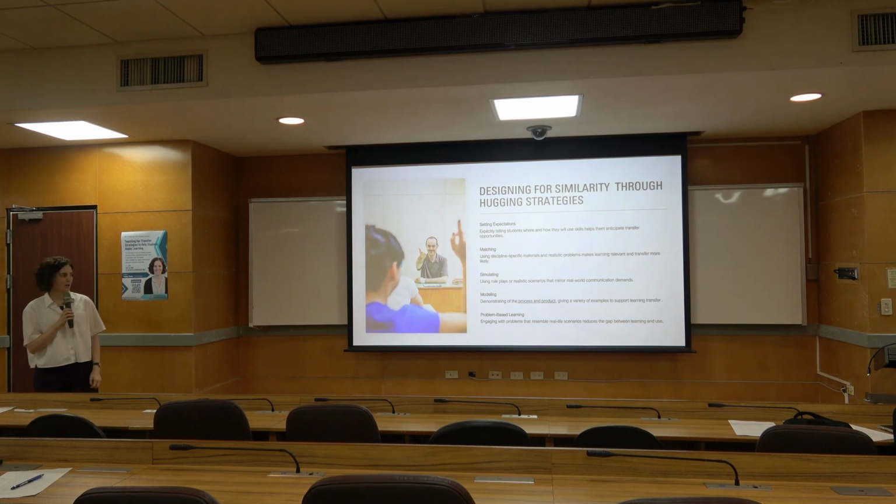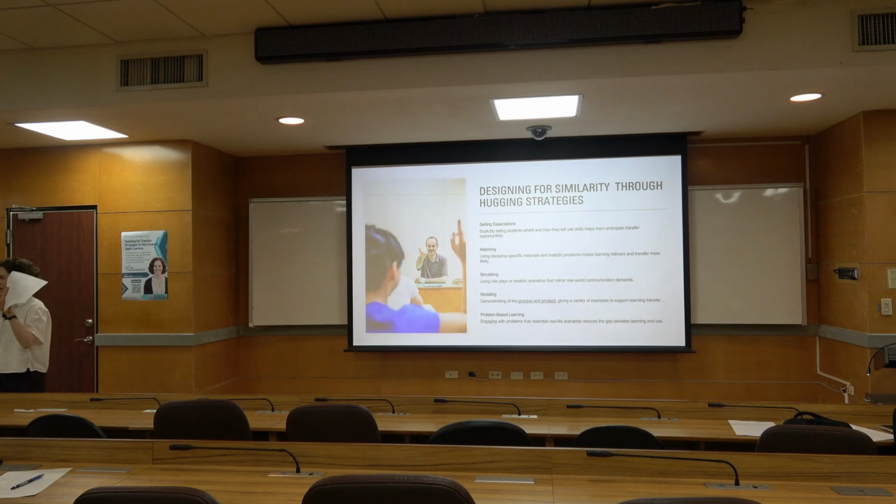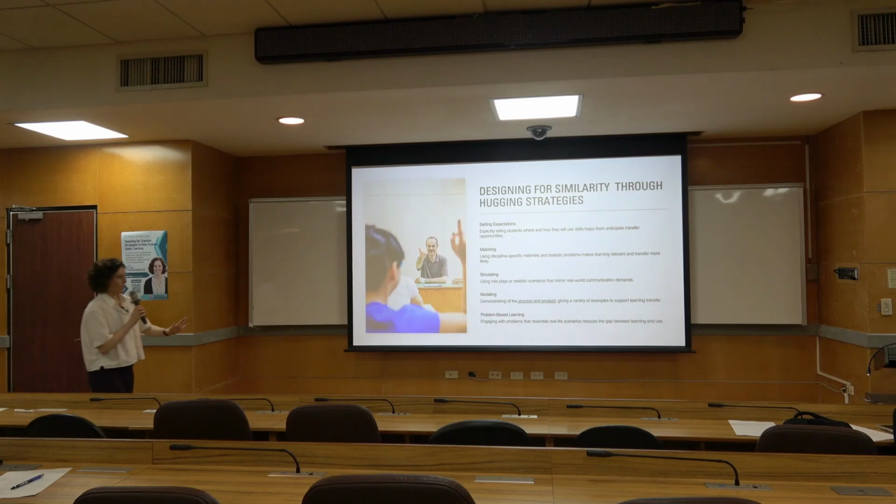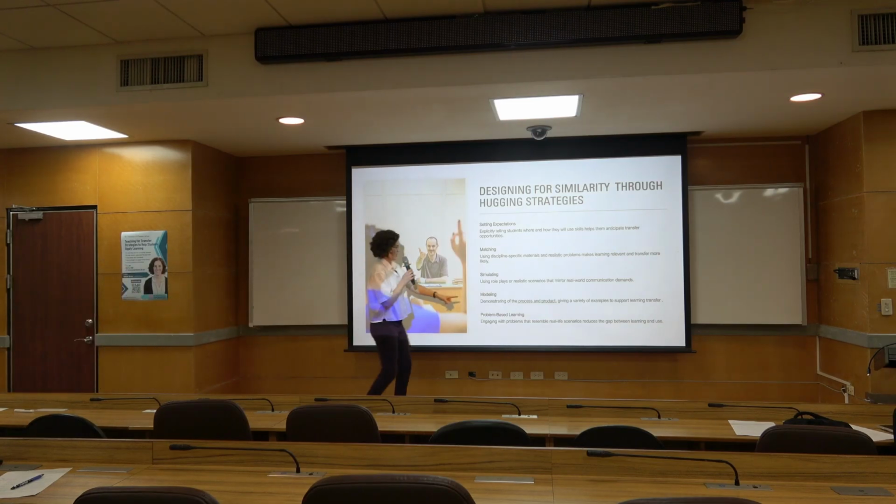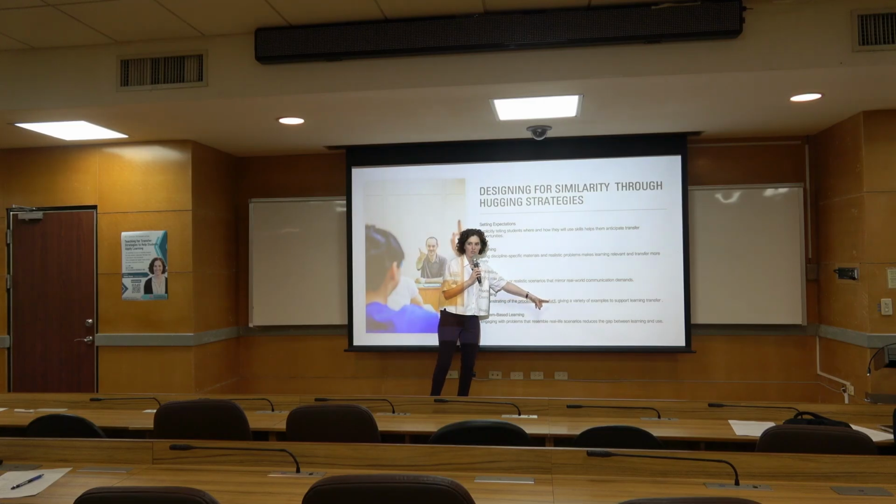So throughout this, I'm also trying to model different strategies, like what you could actually do in your course. Get your students into groups, have them write things down while you're teaching. So one thing that I think is really important is not just giving them examples of the finished product, but giving them examples of the process.